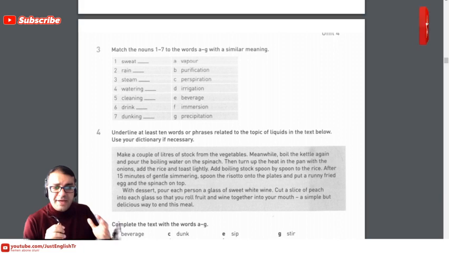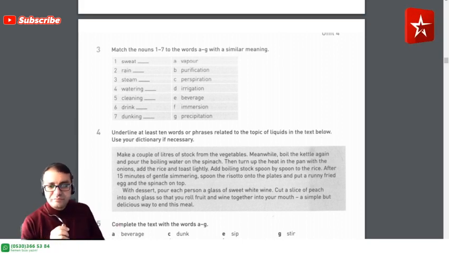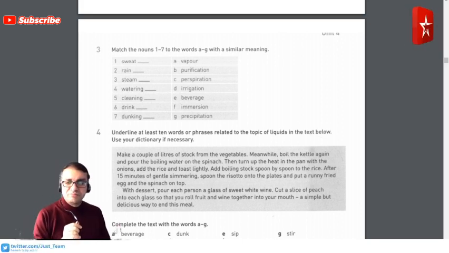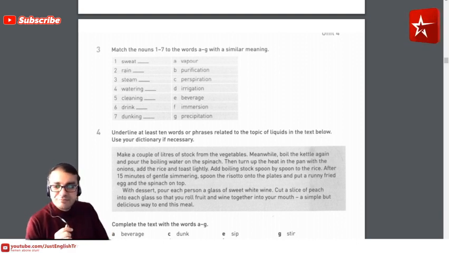So two is not D. What do you think? What is number two? Naveen, Typhoon, Erin, Hilal, somebody. Come on.